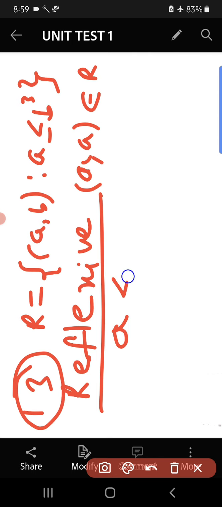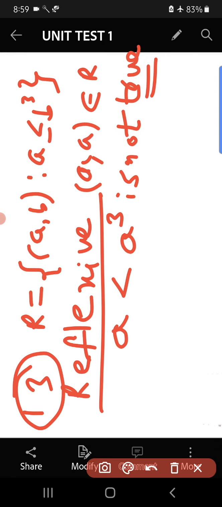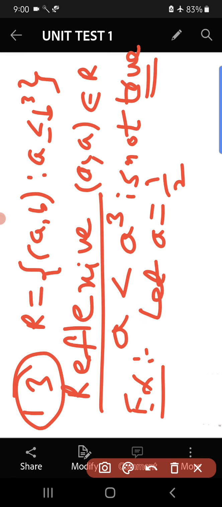See, a less than a cube. It is not true always. Any number less than the cube of itself is not true. So we can take one example. Consider one real number, say half, so let us take a as half.